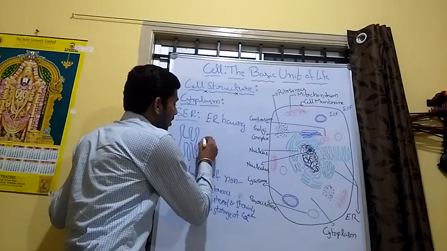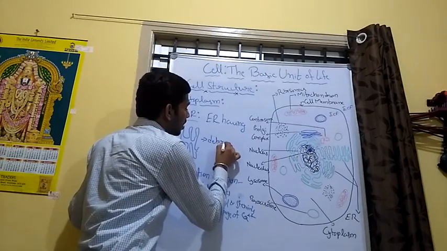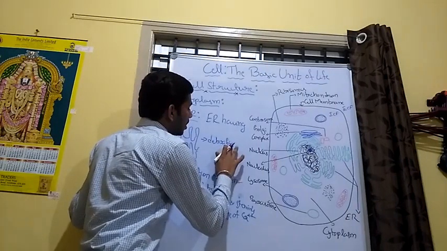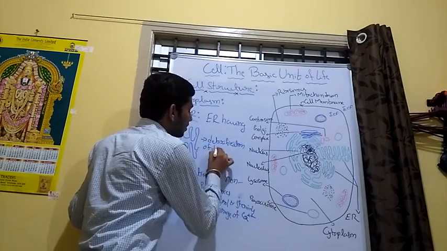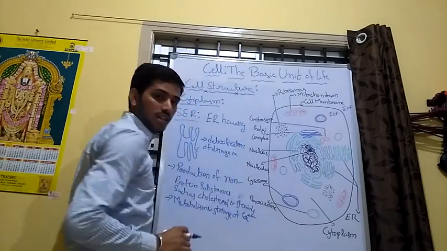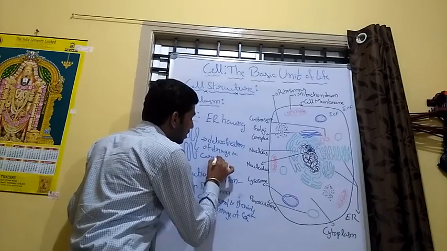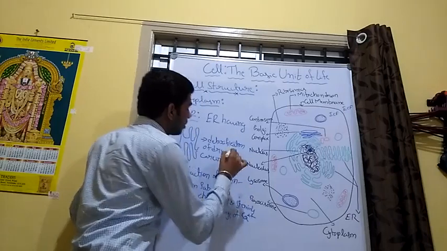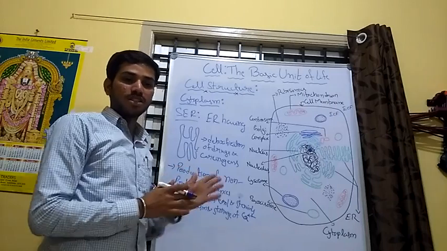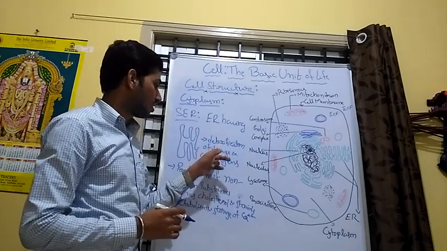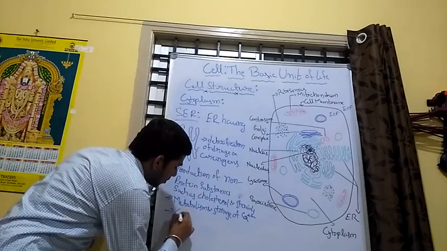And another important function is the detoxification of drugs and carcinogens. Carcinogens means cancer producing agents. Detoxification of drugs and carcinogens. The fourth function is to help in cellular metabolism.